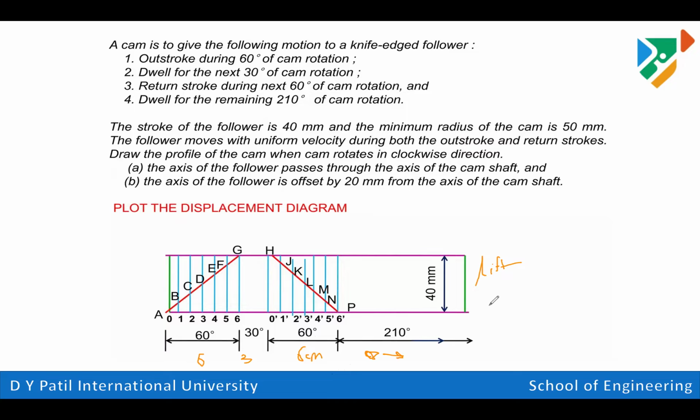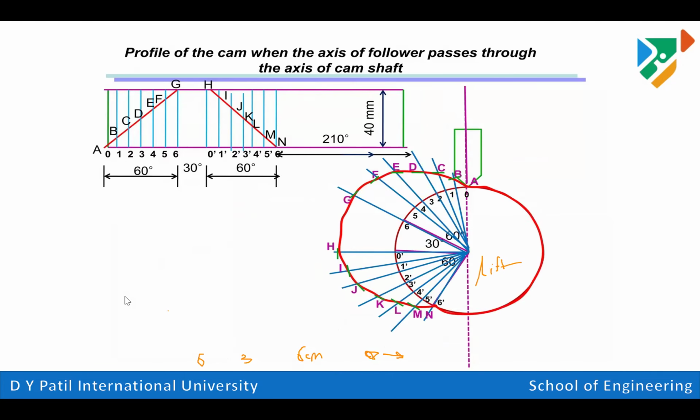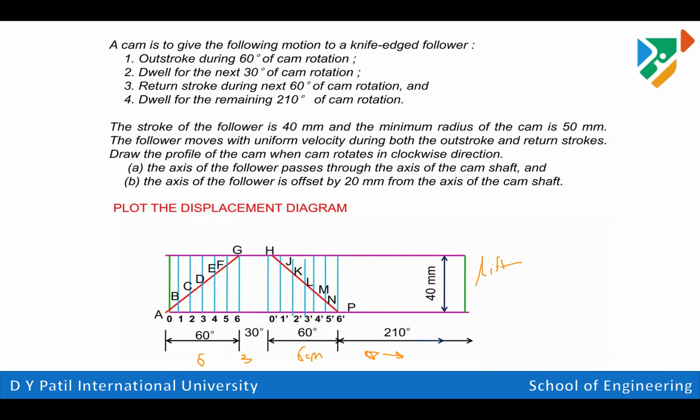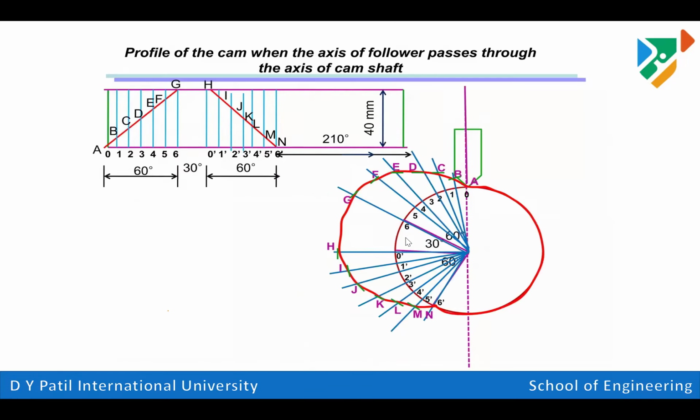Now the next part. After creating all this, I will erase this part. So what we have next: we are again drawing the cam radius of 50 mm.